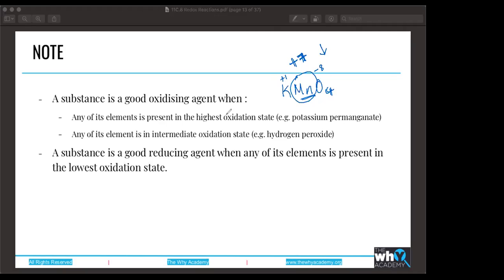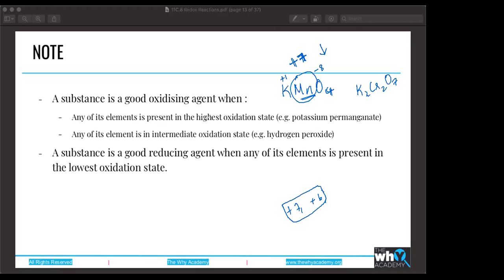If you want an oxidizing agent, it is a go-to in laboratories. Similarly, same is the case with potassium dichromate, K2Cr2O7. Usually if you find that some element is in +7, +6 oxidation states, they are very good oxidizing agents.